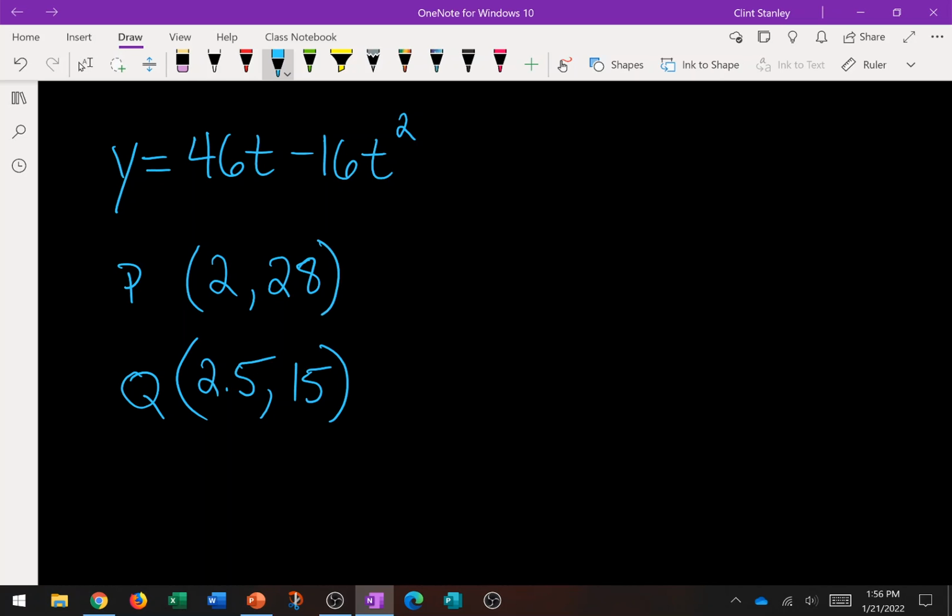I forgot my parentheses. Then we want the slope, or average velocity, or we saw that was the same thing as the slope of the tangent line, the secant line through those 2 points.